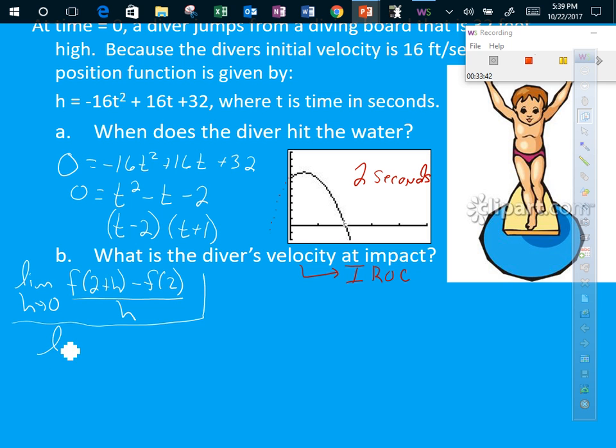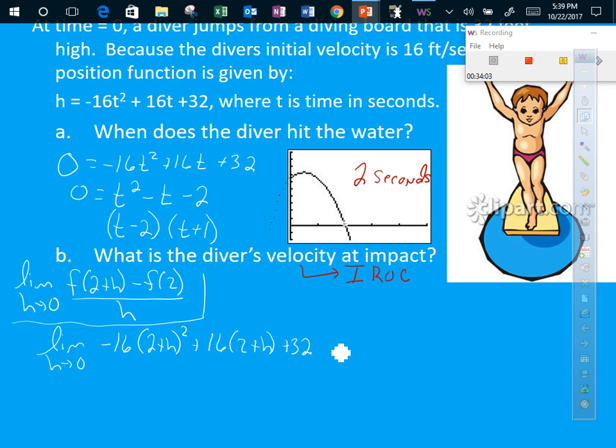So I've got the limit as h approaches 0 of negative 16 times 2 plus h squared plus 16 times 2 plus h plus 32. I also need to plug in 2. F of 2 is, in this case, 0.